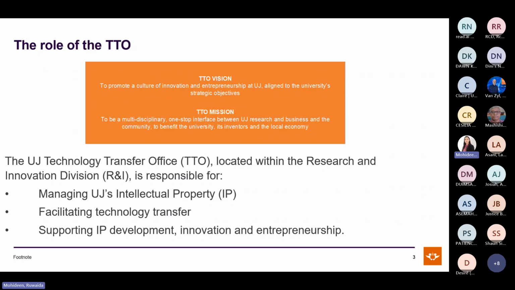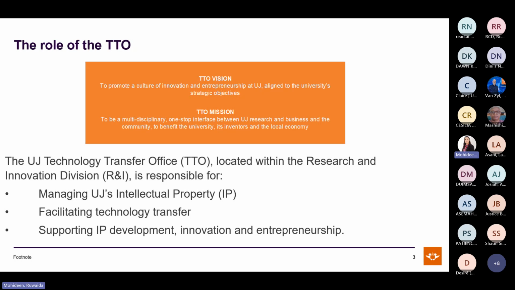Another part of what we do is supporting entrepreneurship and innovation within the university. So that's essentially who the TTO is and what we do. Later at the end of our slides, I'll go through what services we offer.